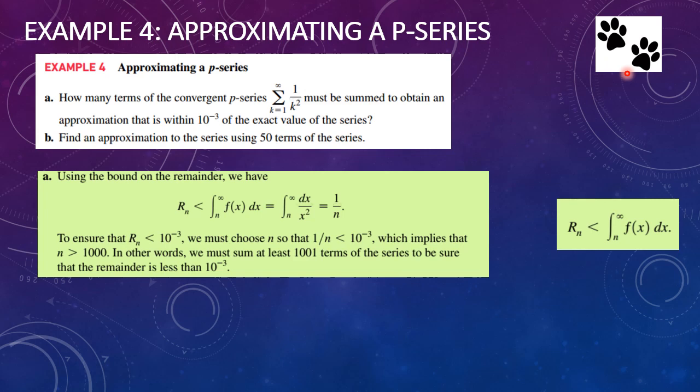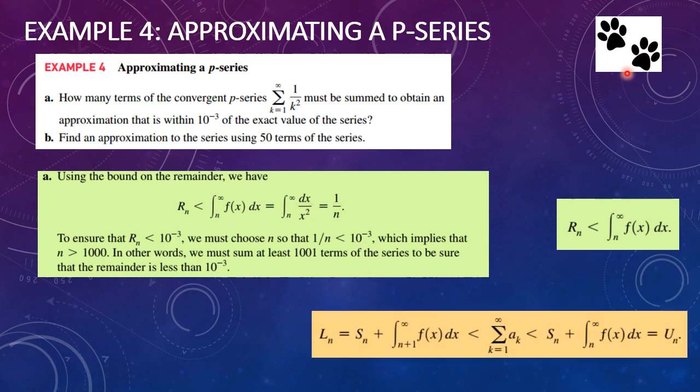In our next problem, we want to actually find an approximation for this series using 50 terms. In this case, we're going to use the longer formula where the value of the series is bounded above and below by these two formulas: S sub n, a partial sum of n terms, plus the integral from n plus 1 to infinity of f of x dx as the lower bound, and an upper bound of S sub n plus the integral from n to infinity of f of x.